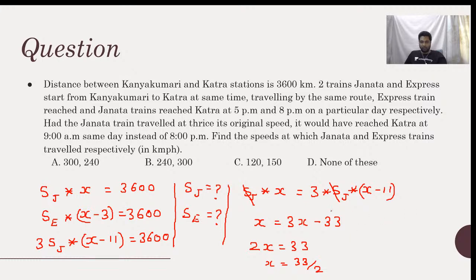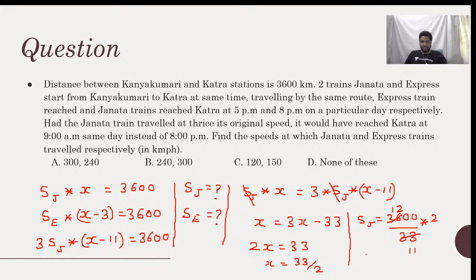So now if I have to find what is Sj, Sj will be nothing but 3600 divided by 33 by 2, which is nothing but 3 into 11 times... 2400 divided by 11.